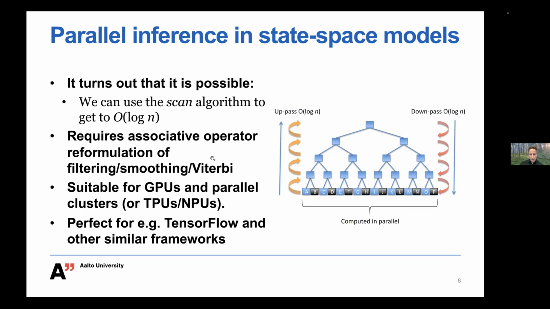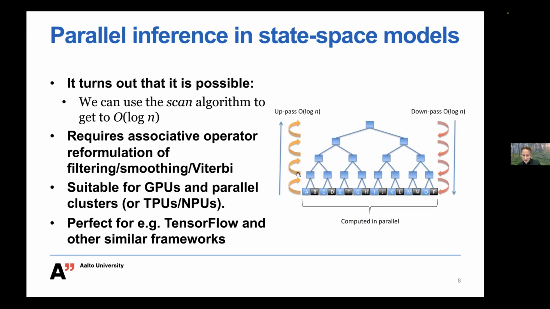So we need to reformulate those, and then it will be suitable for GPUs and for parallel clusters. It turns out that TensorFlow already supports that kind of thing, and we will see examples unless we run out of time during this hour.